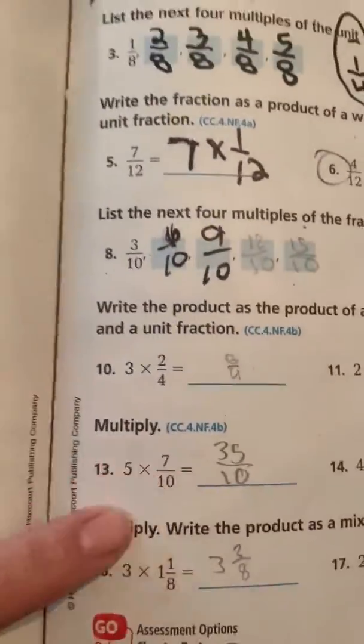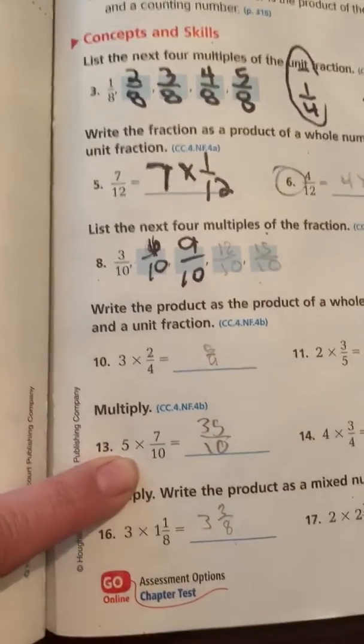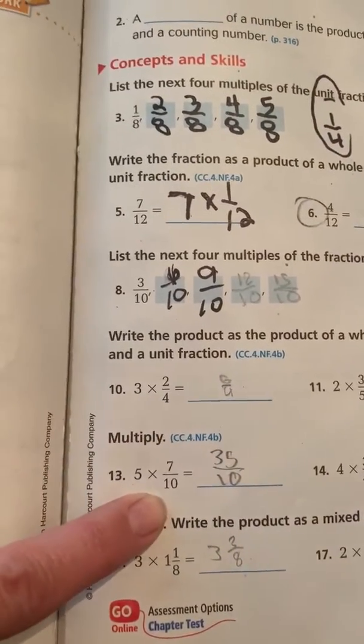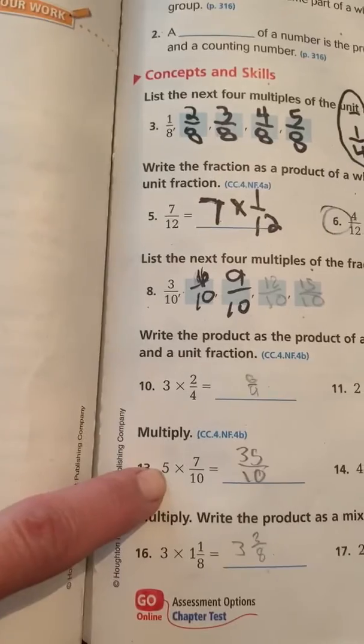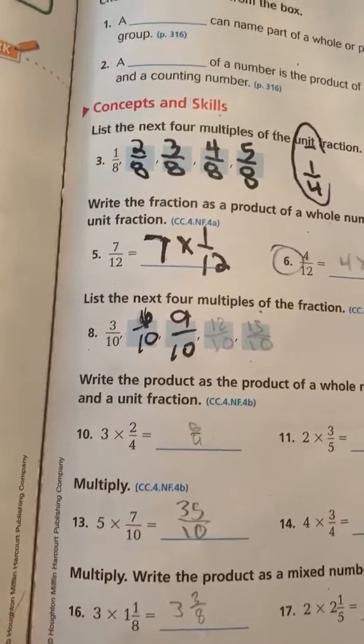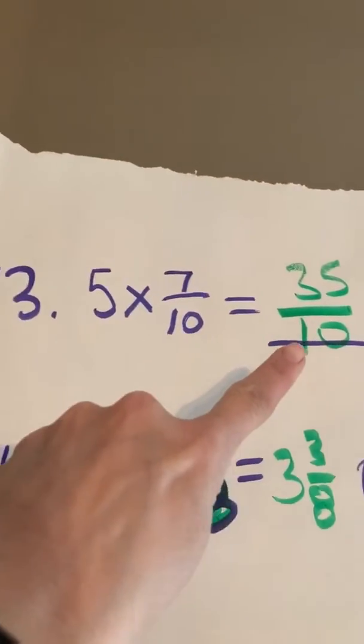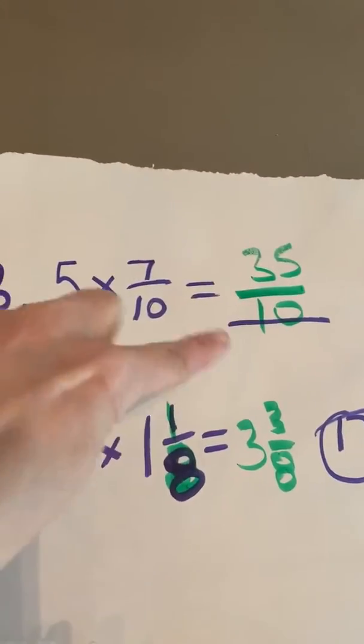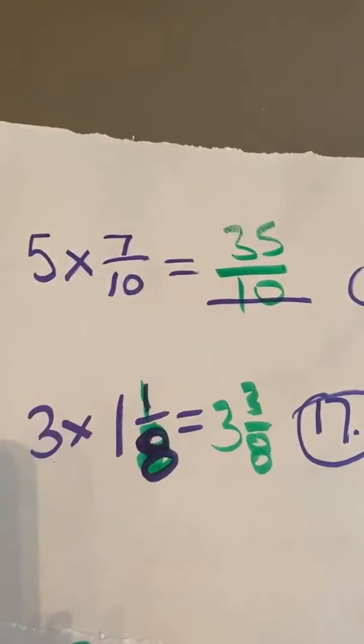If we look at number 13 here, we have 5 times 7/10. And so you would just multiply 5 times the numerator and get 35 and put that over the denominator of 10. So you could also switch that back to a mixed number now by taking 35 and dividing it by 10. And try 14 and 15.